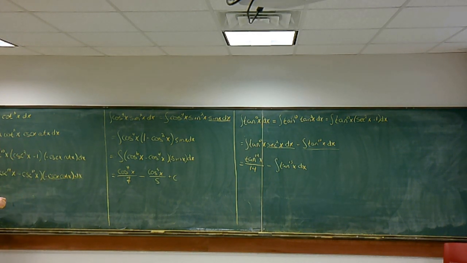This bit here is our du. It's u to the 14th minus u to the 10th du, which becomes a simple power rule. And again, notice I flipped the order because of that minus.